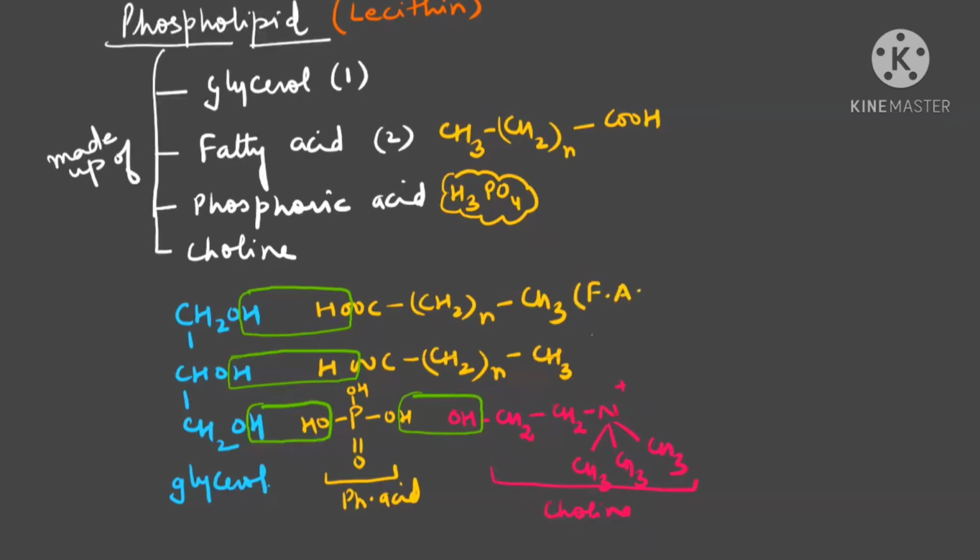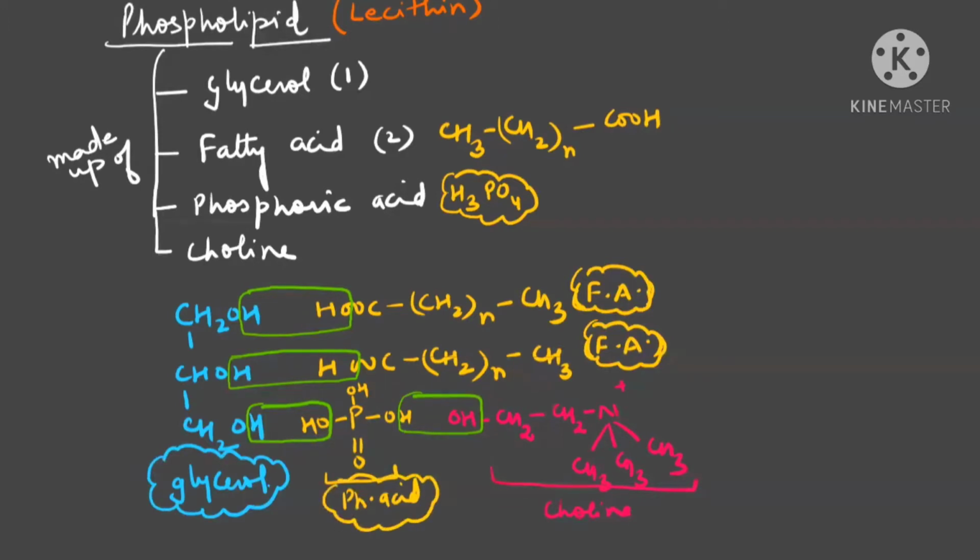Please understand the diagram very carefully so that you can understand how the phospholipid bilayer will be made. Once again, this is glycerol, these two are your fatty acids, this is your phosphoric acid, and this is the choline part.